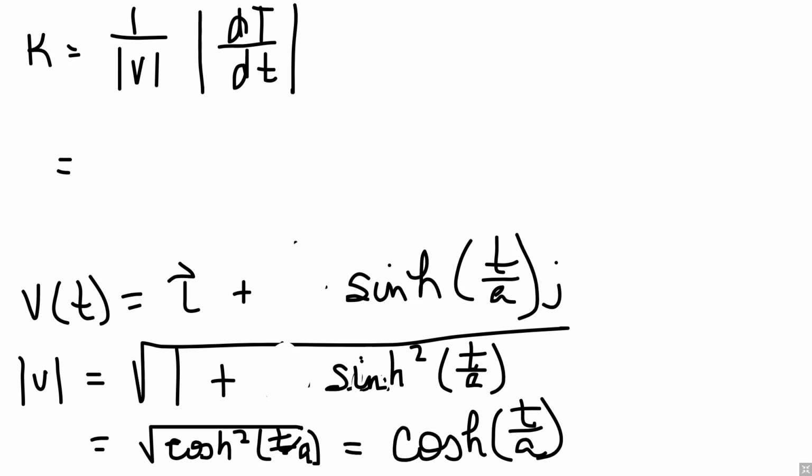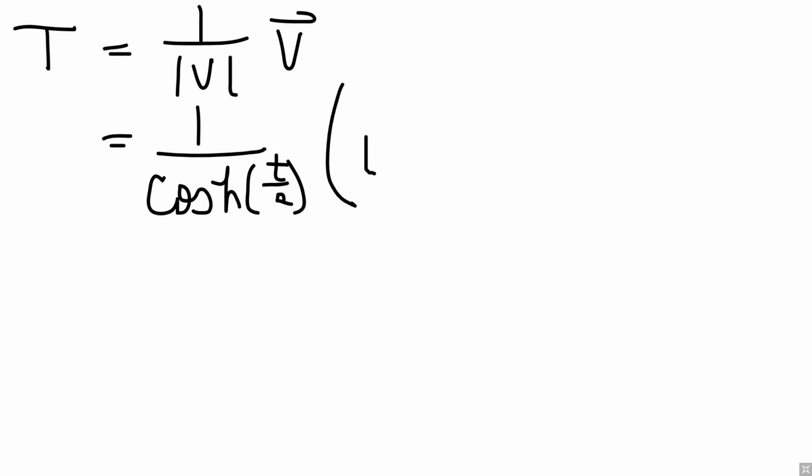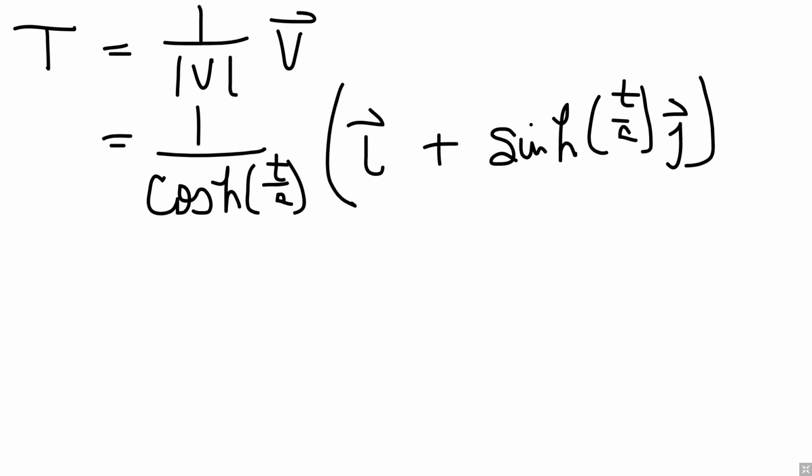All right, so when you do the unit tangent, you've got 1 over the magnitude of the velocity times the velocity. So it's going to be 1 over cosine hyperbolic of t over a times 1 in the i direction plus sine hyperbolic of t over a in the j direction.